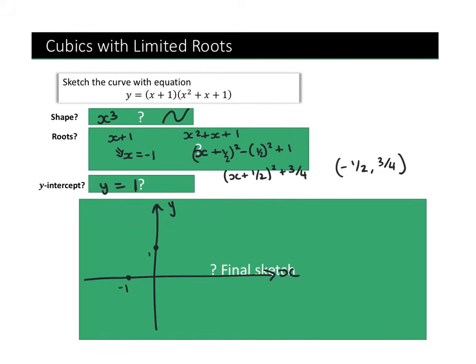So it's going to go up, down, up. Okay, the reason why it's done that is because this minimum point is minus a half, 3/4.